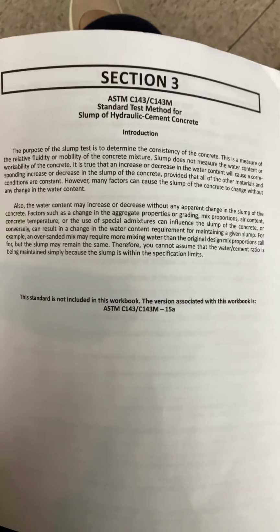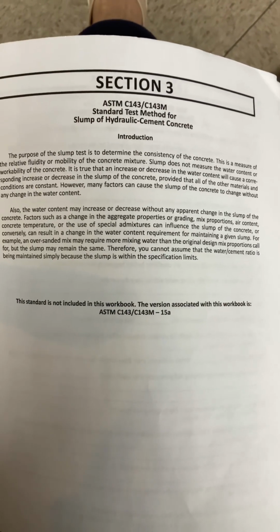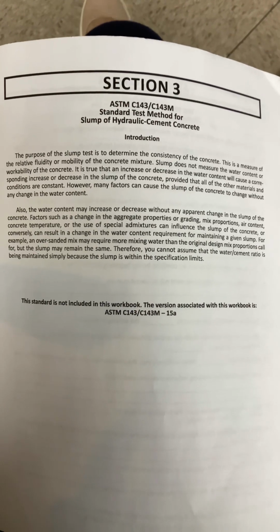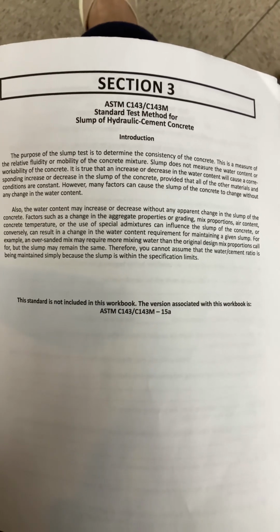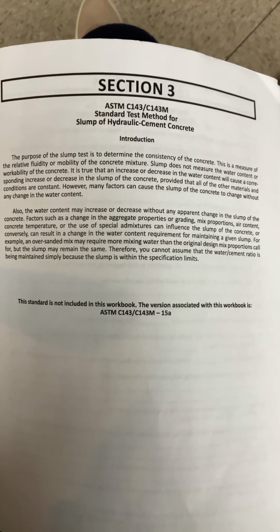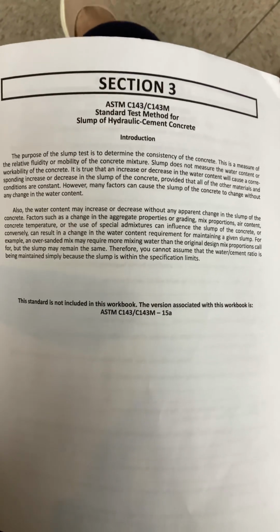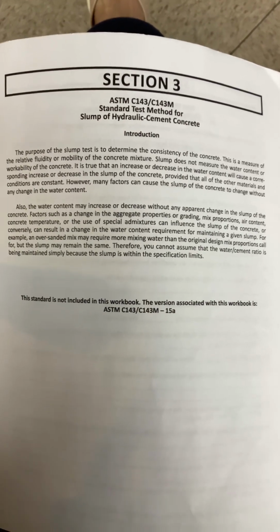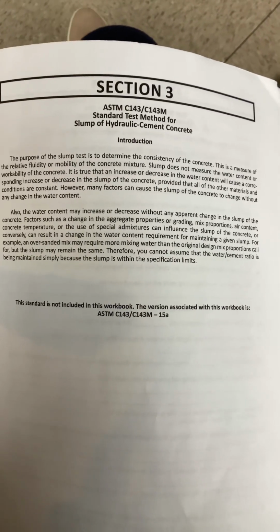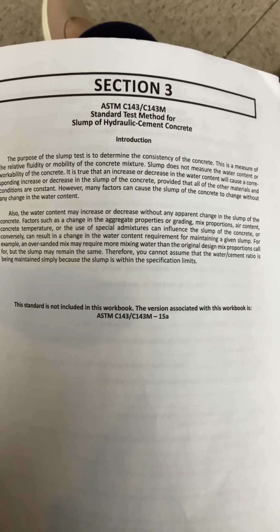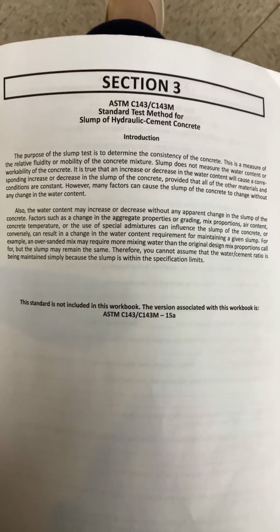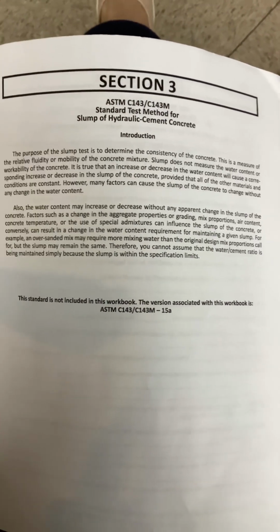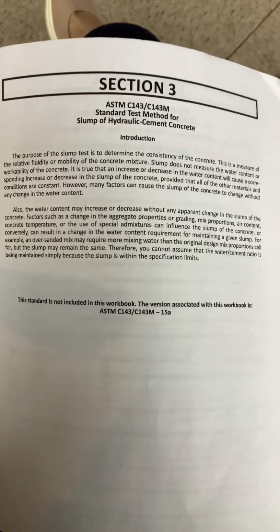However, many factors can cause the slump of the concrete to change without any change in the water content. Also, the water content may increase or decrease without any apparent change in the slump of the concrete. Factors such as changing aggregate properties or grading, mix proportions, air content, concrete temperature, or the use of special admixtures can influence the slump of the concrete, or conversely can result in change in the water content requirements for maintaining a given slump.